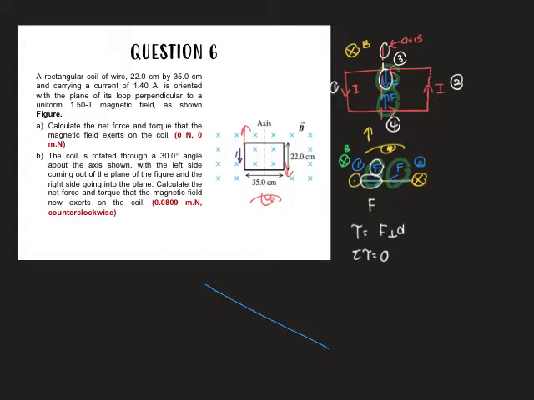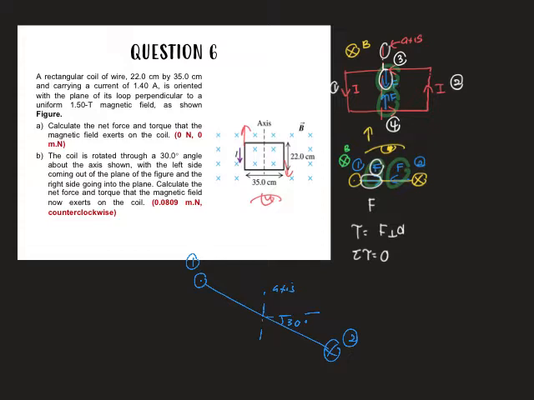This is the first part and this one is the second part. The angle is going to be 30 degrees, because it's rotated through a 30-degree angle and this is the axis. Now we need to find the directions of the magnetic force.